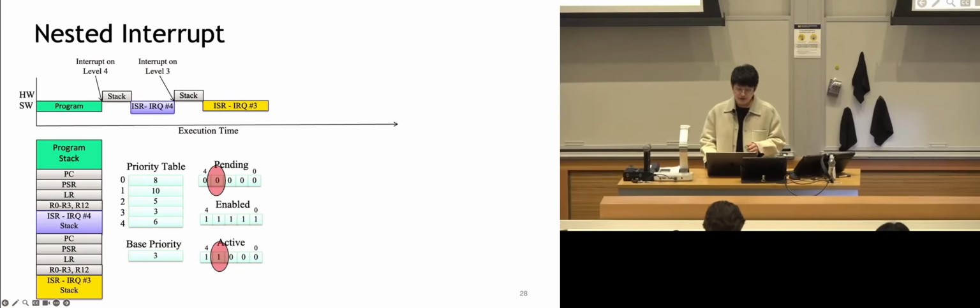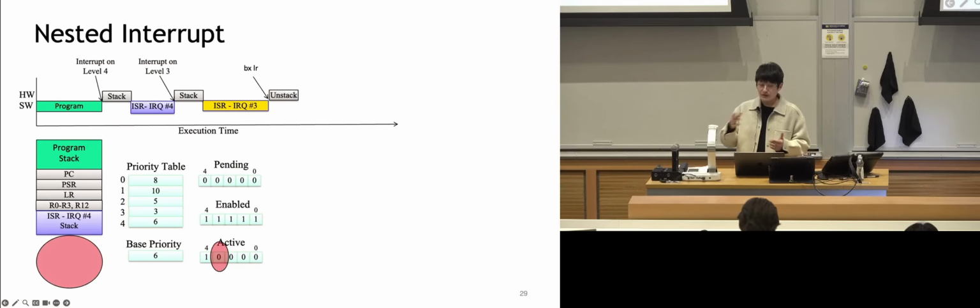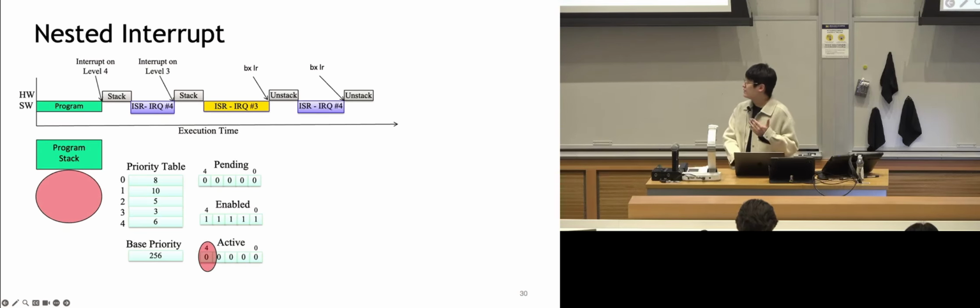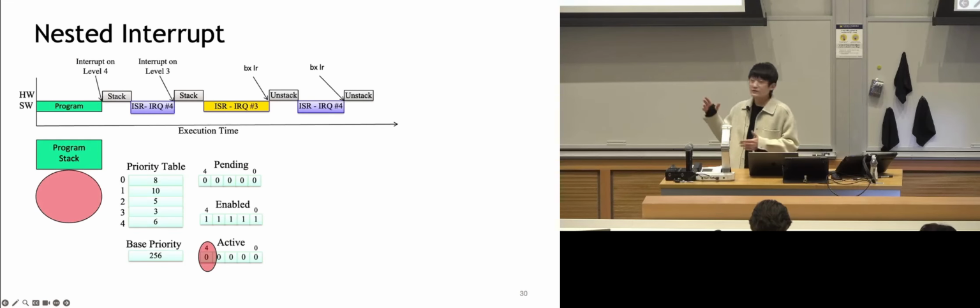And then the core goes to execute the higher priority interrupt handler function. And after that, it's similar to before. It first does one unstacking, then finishes the rest of interrupt request 4, then does another unstacking, and after that goes back to the main program.